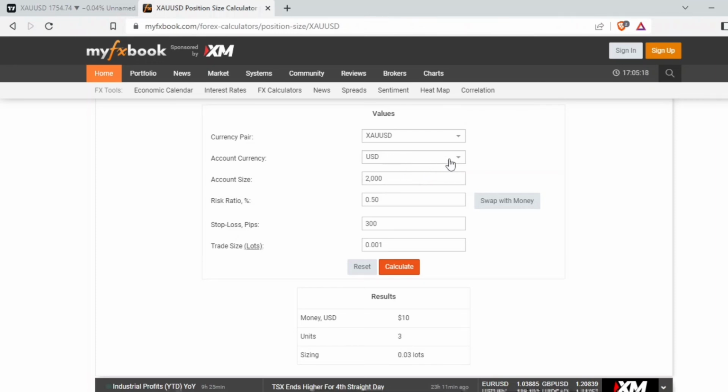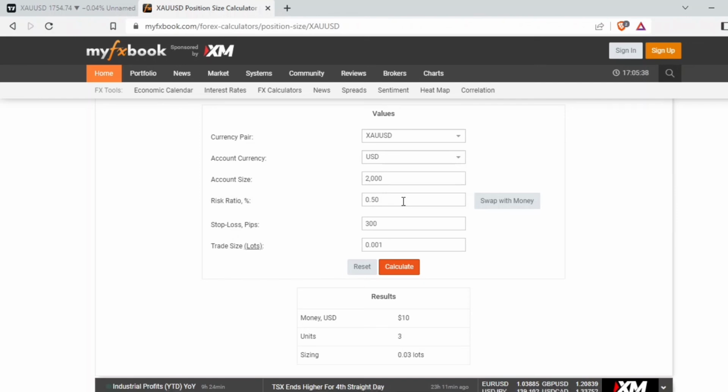For your account size, I'm using an example of $2,000. Then I want to be risking 0.50% of my account balance.